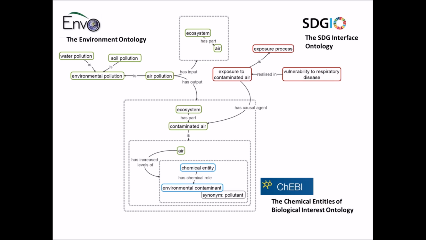And SDGIO, for the semantics of things like exposure or hazard, takes the understanding of exposure in the SDG context, links it to the actual material entity that is described by a more ecologically grounded ontology such as ENVO, to gather those characteristics and also feed them into ChEBI so that we know what kind of chemicals could be involved in that, what kind of chemical roles they have.